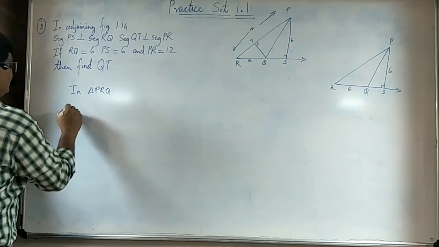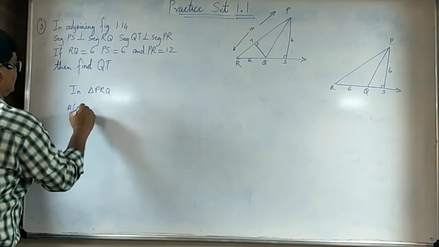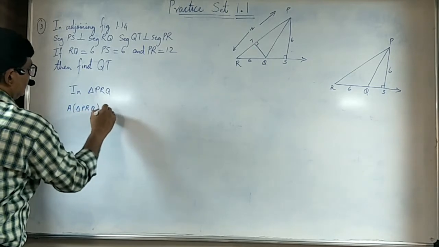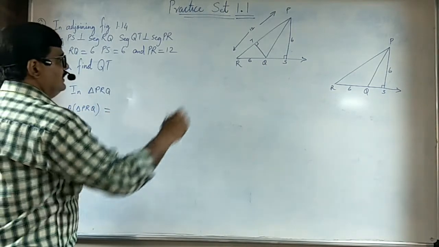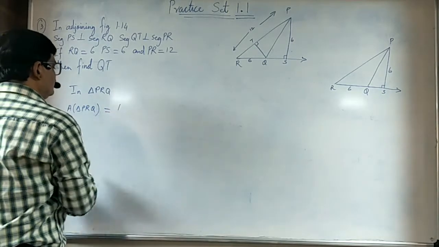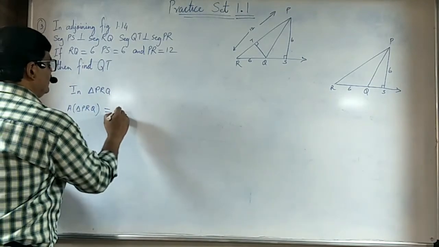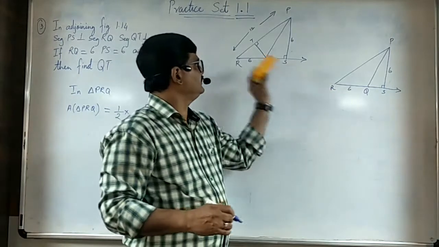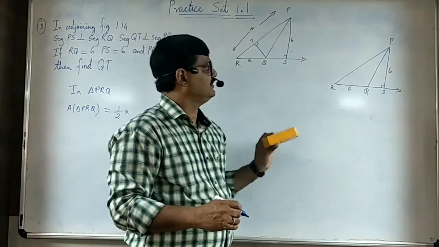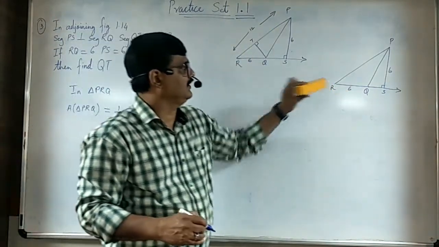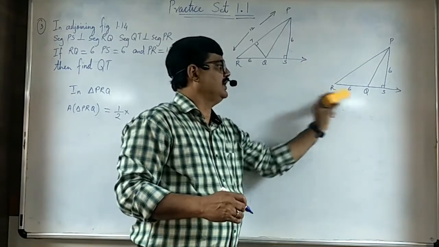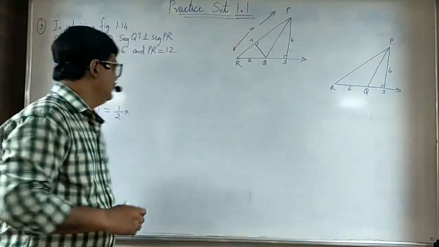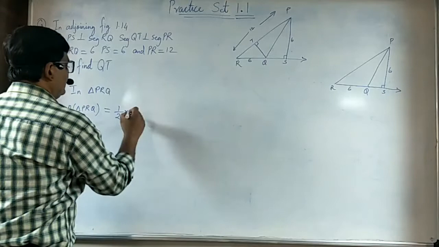Now the area of triangle PRQ, you know the formula, is half into base into height.